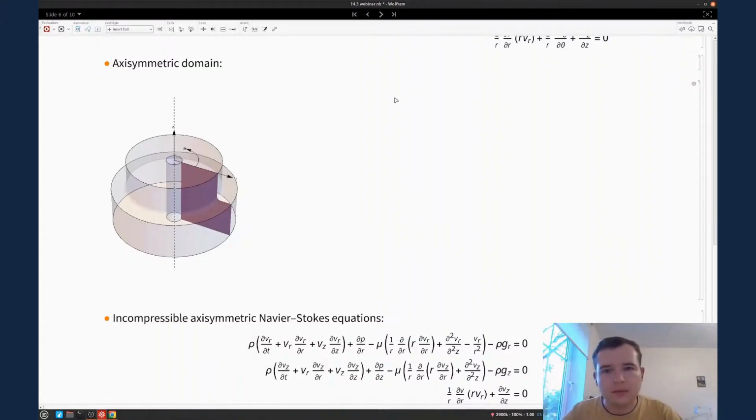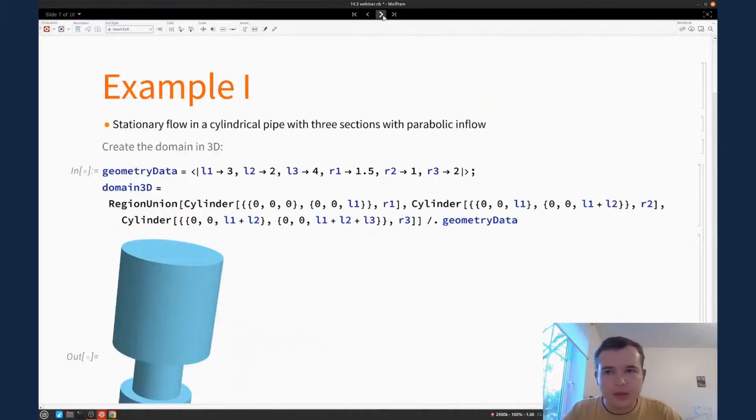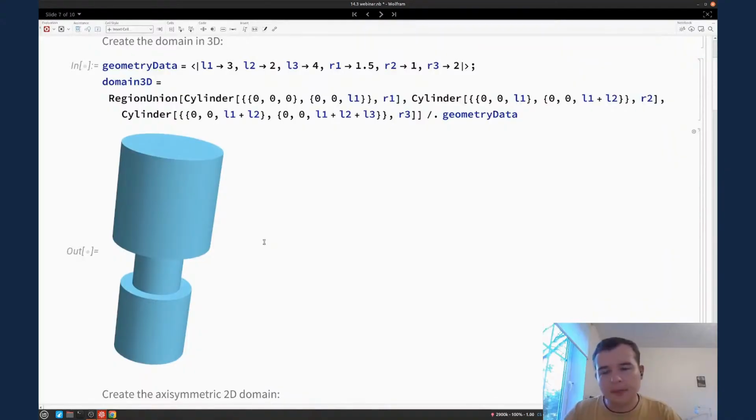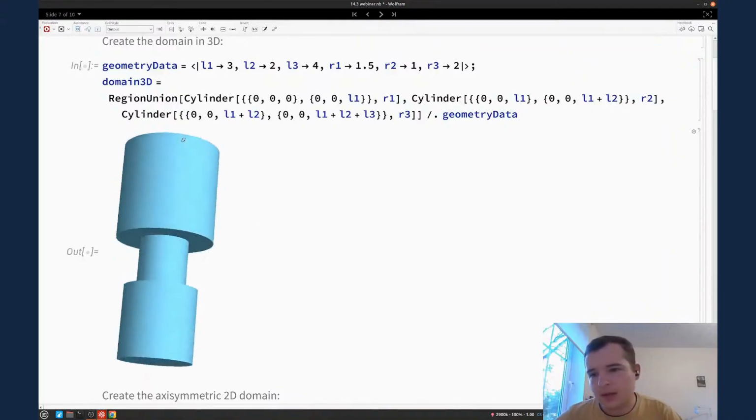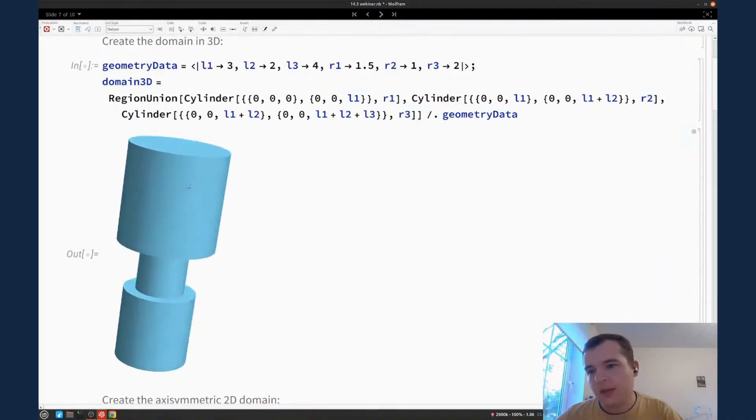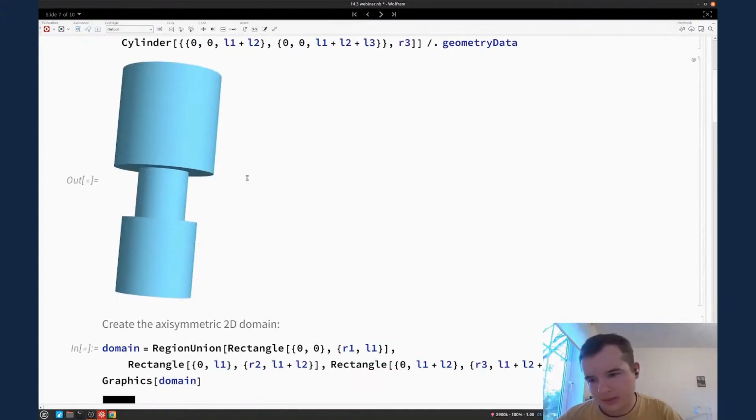And so now let's see an example in the Wolfram Language. The first example that we have here is the stationary flow in the cylindrical pipe with 3 sections, and the flow in the pipe is driven by a parabolic inflow. So this is the domain in 3D. This is this kind of cylindrical pipe, and as I've already mentioned, it has these three components basically.